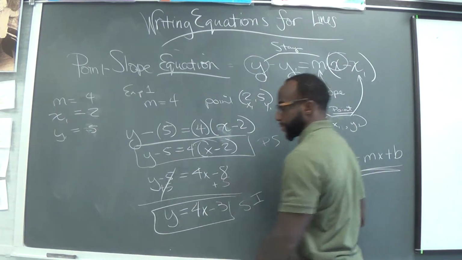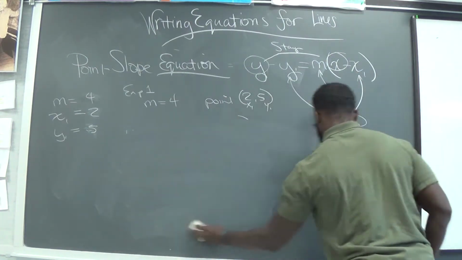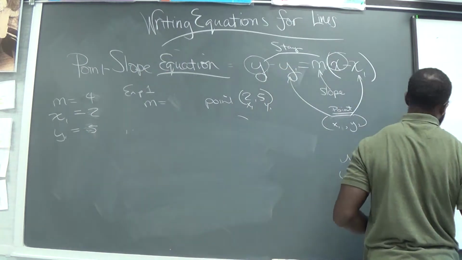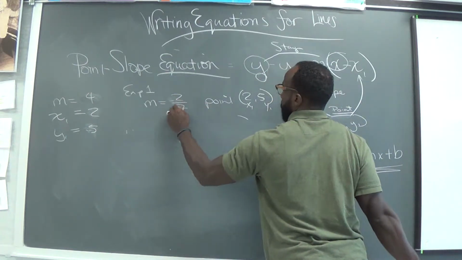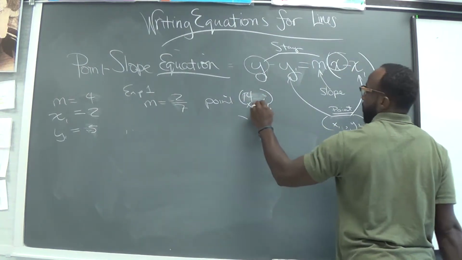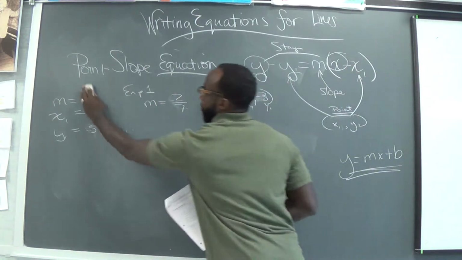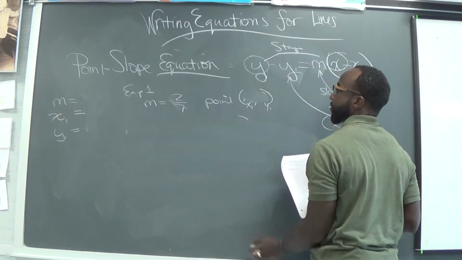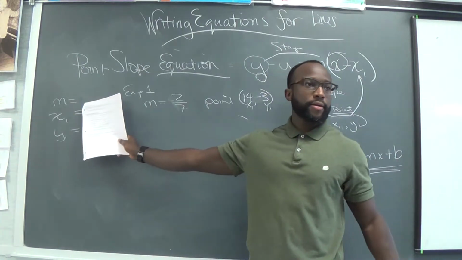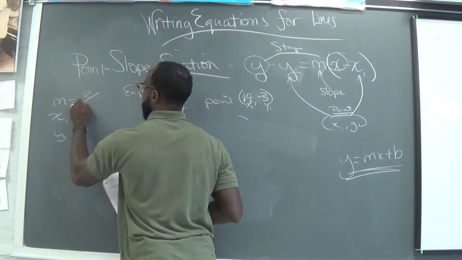Let's look at another example. What if the slope is going to be negative 2 over 7, and the point is going to be (-14, -3)? Let's make sure you can see that. Negative 14, negative 3. All right, what's m here? Negative 2 over 7.